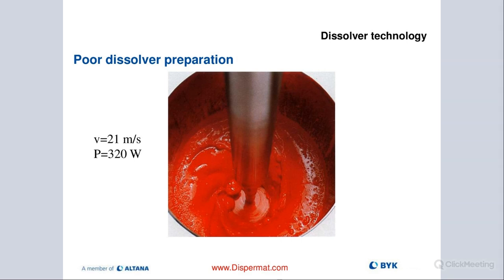But sometimes it happens that we have 21 meters per second, but our energy input is very low, and we don't really see the donut. What happened here is probably that the viscosity is so low that the donut would collapse, and we are not able to put in a lot of energy because we don't have the viscosity, even though we're running the same tip speed.